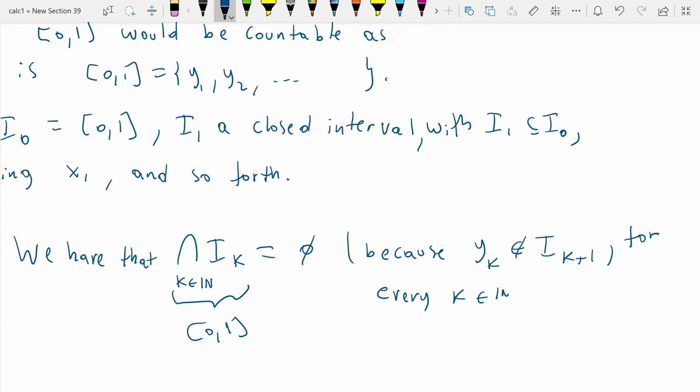If you pick any element inside 0, 1, it cannot belong to the intersection, because it does not belong to I sub k plus 1. And remember, an element in such an intersection must belong to each one of these intervals, each one of these sets.